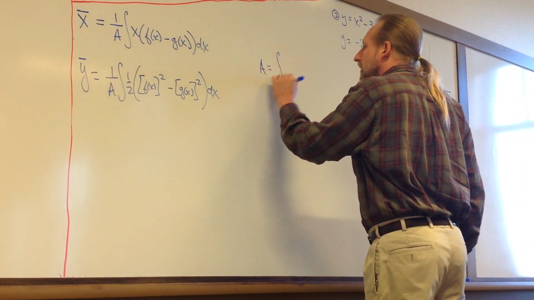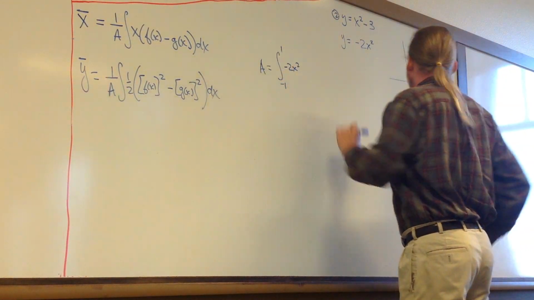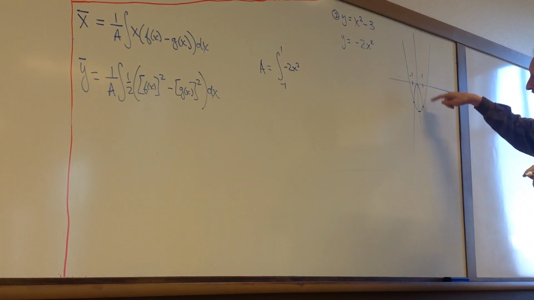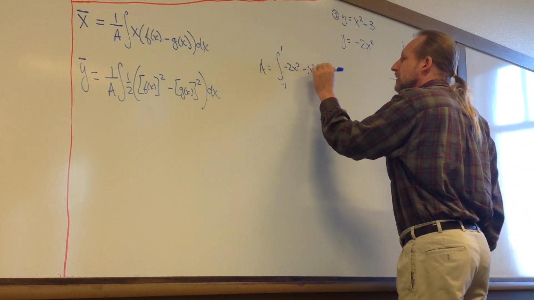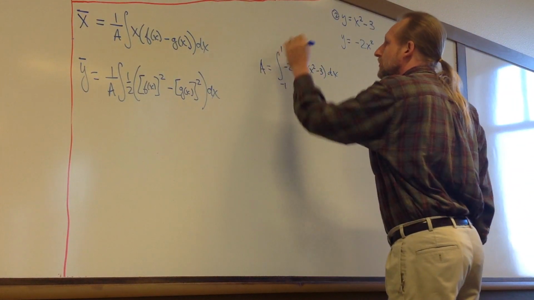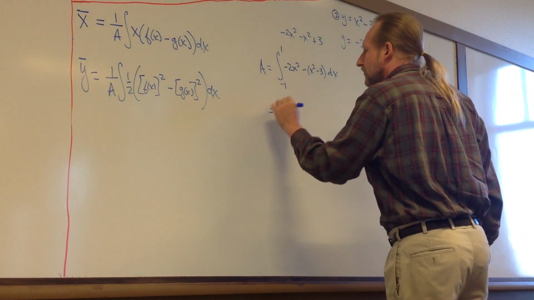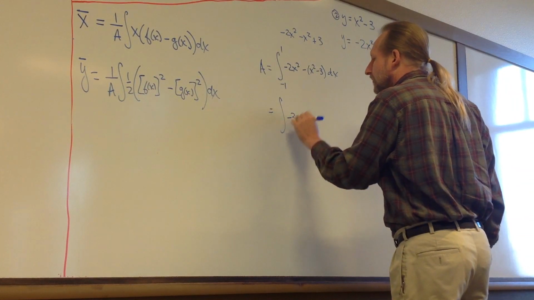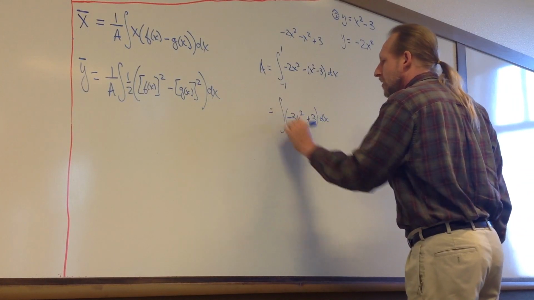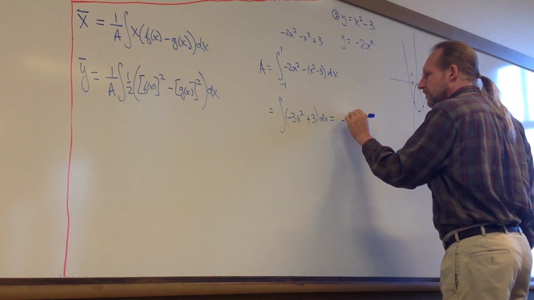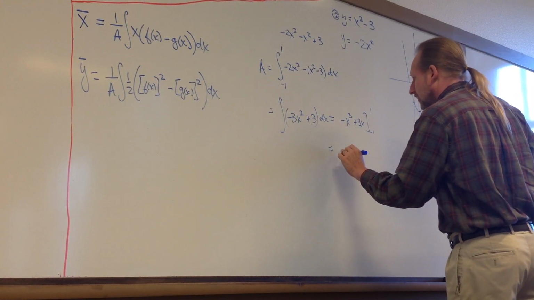So our area runs from negative 1 to positive 1. We've got the negative 2x squared on top, and then that x squared minus 3 on the bottom. So minus x squared minus 3. So this will be negative 2x squared minus 1x squared plus 3. So negative 3x squared plus 3, or negative x cubed plus 3x from negative 1 to positive 1.